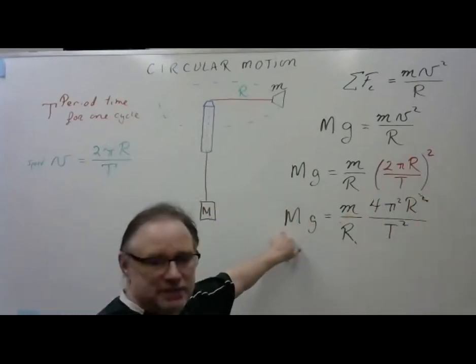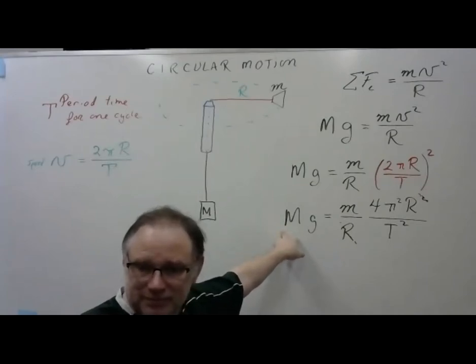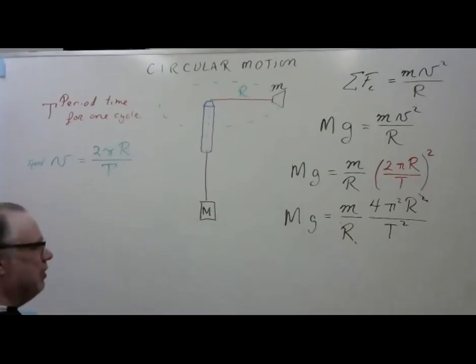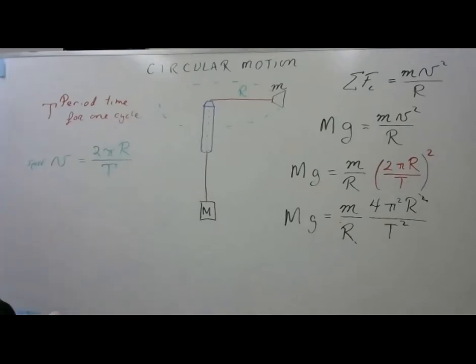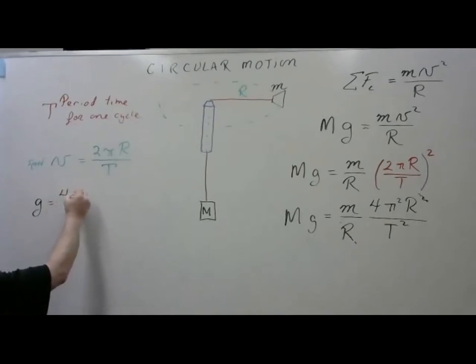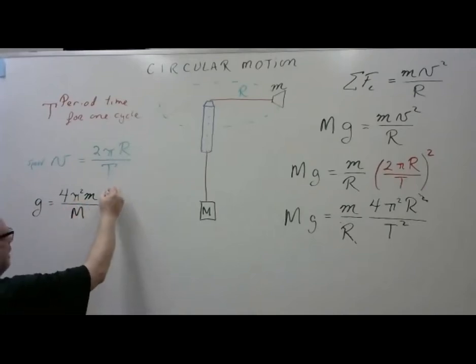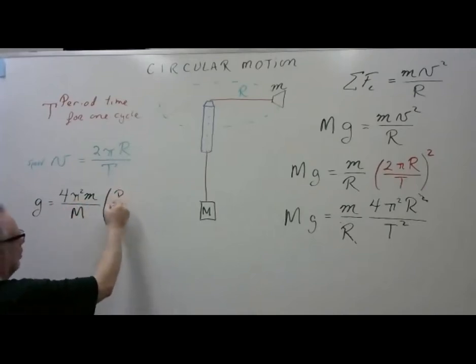And then I'm going to divide this by capital letter M. And what I get is an equation that looks like this: g is equal to 4 pi squared lowercase m divided by capital M multiplied by R over T squared.